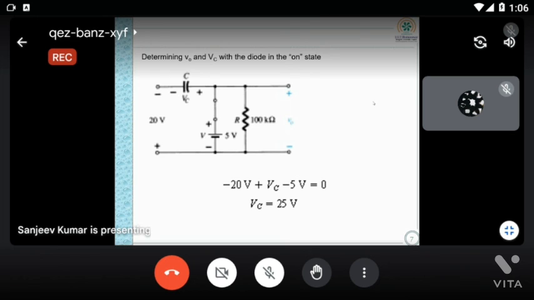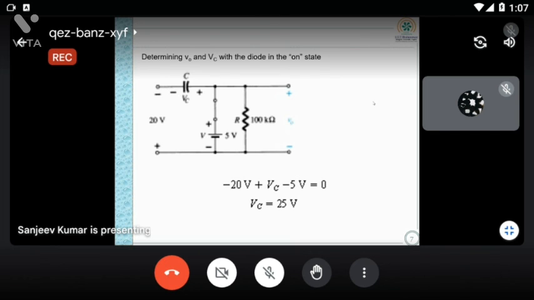So you remember, this point is very important. When the capacitor is charged, only in that period you have to find out what is the voltage stored in the capacitor. So this capacitor will charge in each time period when the diode is in conduction region. And you can see the discharging time is very high, because in one cycle it is charged, in the other cycle it is not charged.